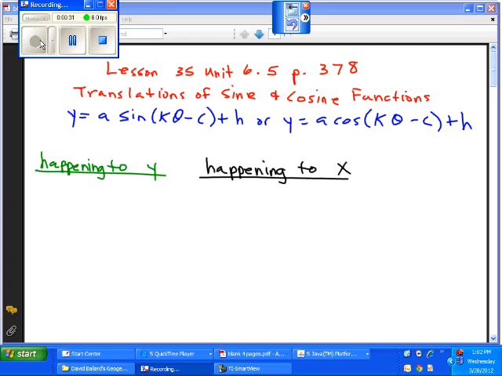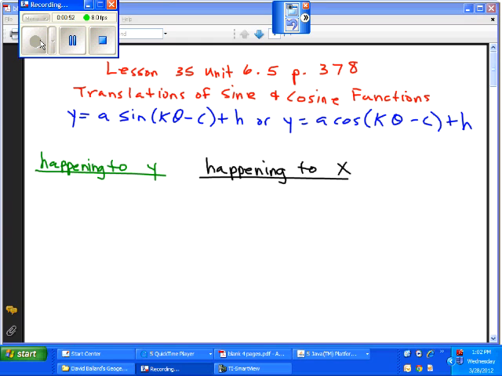We said what's going to happen to the x is what's inside the parenthesis, and it's going to happen to the x in the inverse order of operations. What's going to happen to y is what's outside the parenthesis, and it's going to happen to y in the order of operations. Okay?